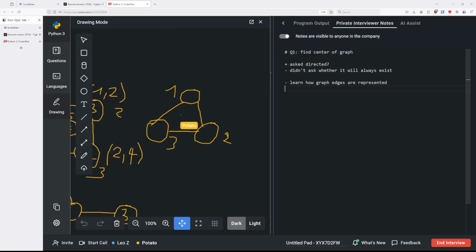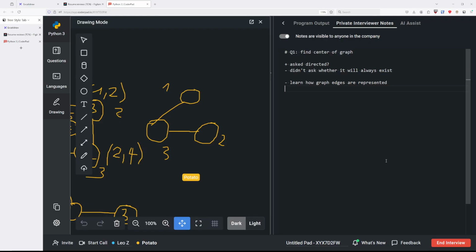If we break the cycle, so let's say 1, 2, and 3, in this case we would have to return node 3, right? So node 3 will be connected to node 1 and node 2.